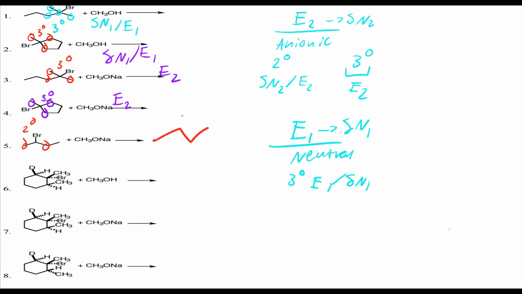And remember that SN2 reactions actually occur, how should I say, in one step. And over here, you can actually have the O and A, or whatever, the oxygen CH3 go to the bromine.